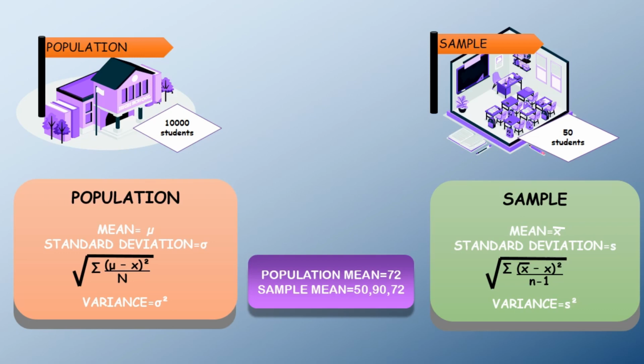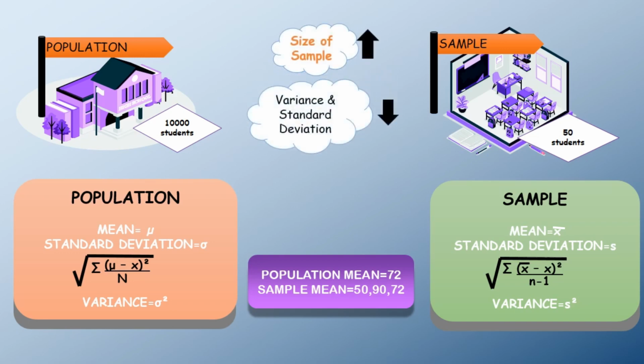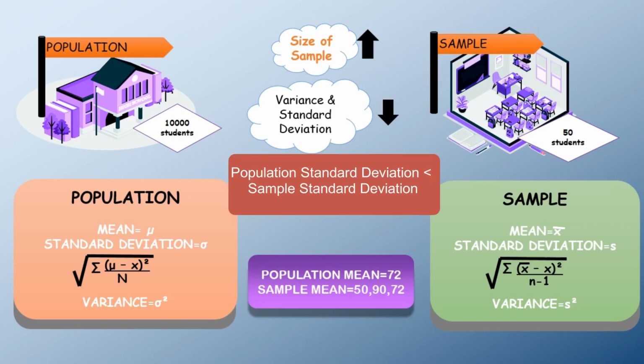Generally, if we increase the sample size, if we take in more and more values to calculate the mean and standard deviation, then standard deviation and variance will go down. That is the normal scenario. So it means that the standard deviation of the population should always be less than that of the sample, because the sample size would always be less than the population size.